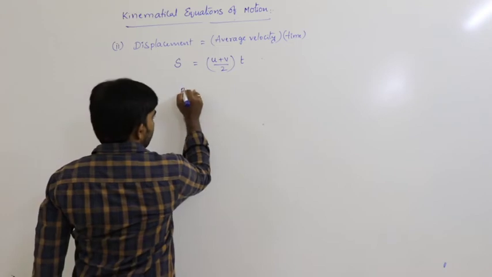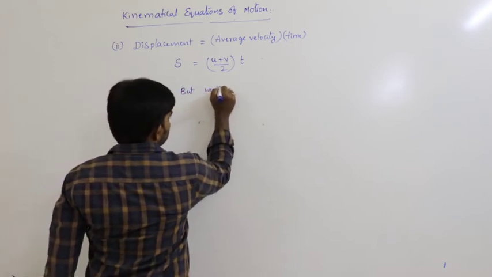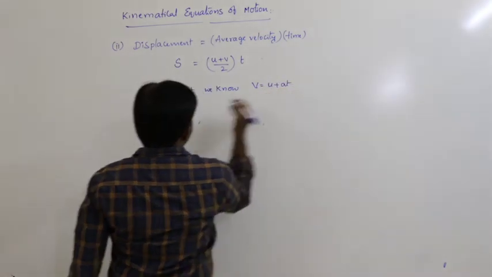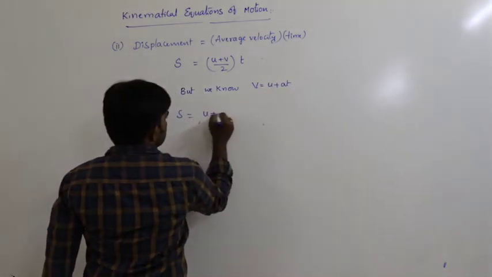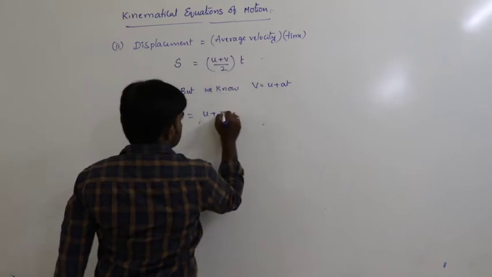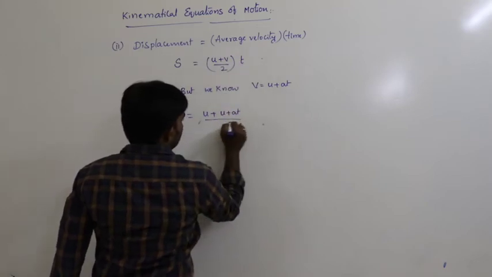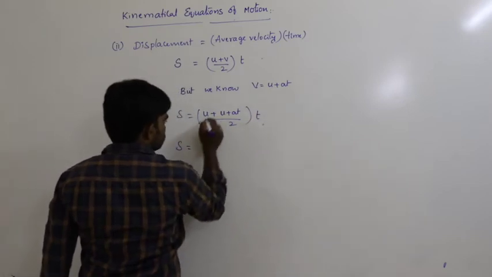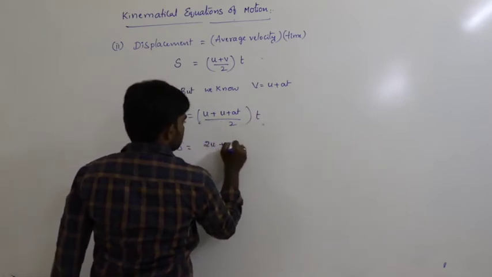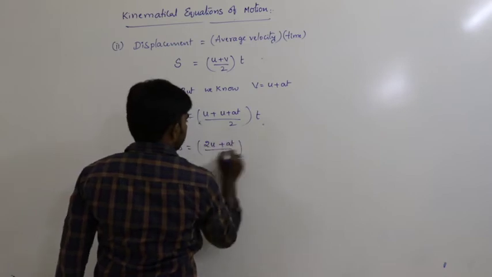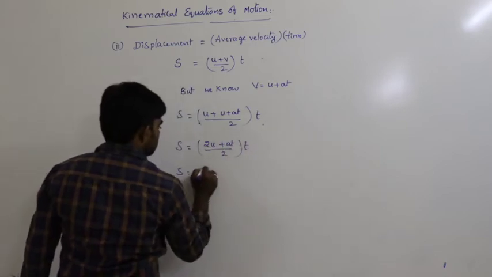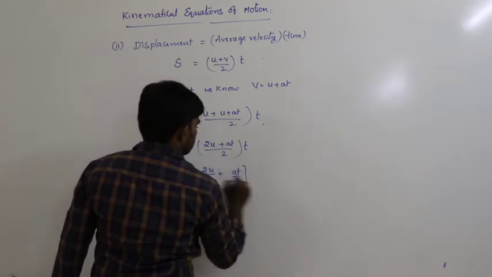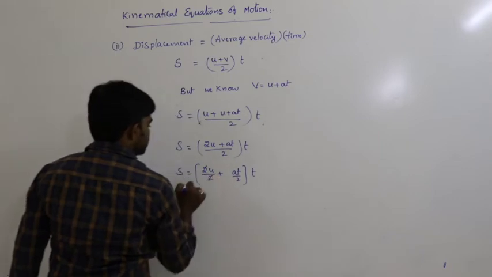But we know V is equal to U plus AT. So S is equal to, in place of V we can substitute U plus AT, so (U plus U plus AT) divided by 2, into T. Then S is equal to (2U plus AT) by 2, into T. Then S is equal to 2U by 2 plus AT by 2, into T. The 2 gets cancelled.